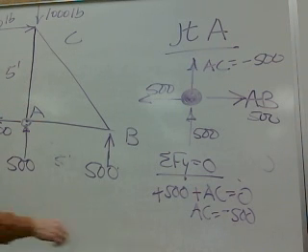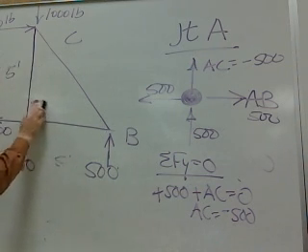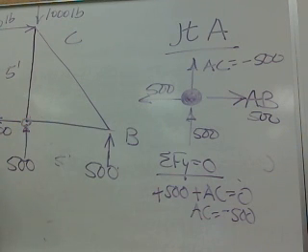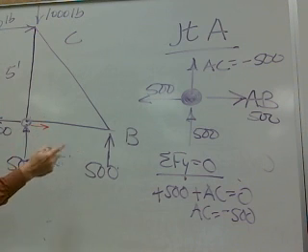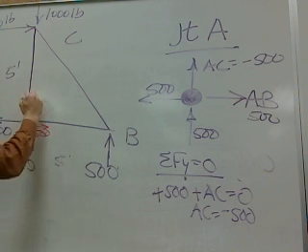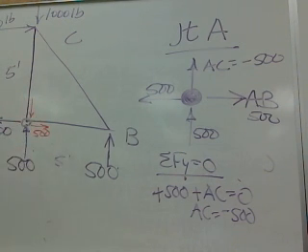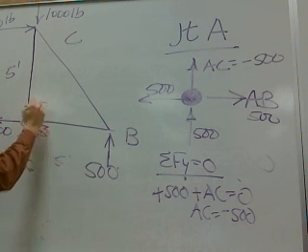Now I'm going to take these, go back to my big picture, and put in those answers. I've got AB being 500, and I'm going to switch the direction here for AC and say 500.